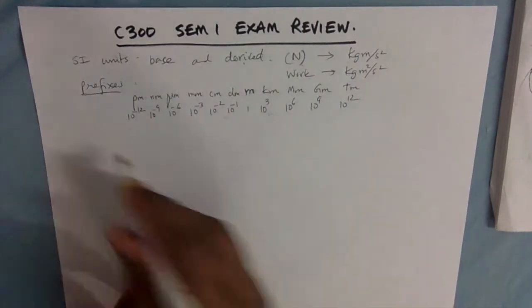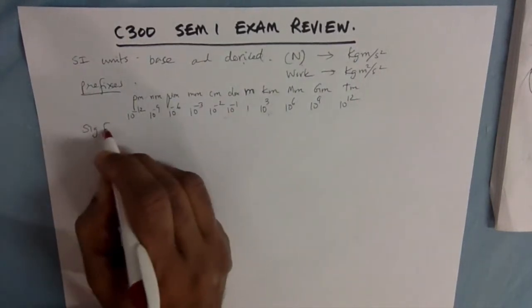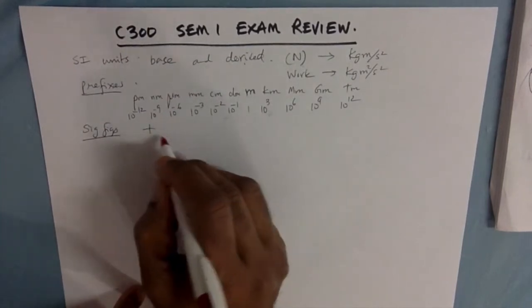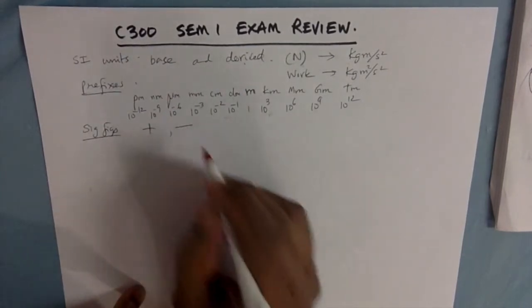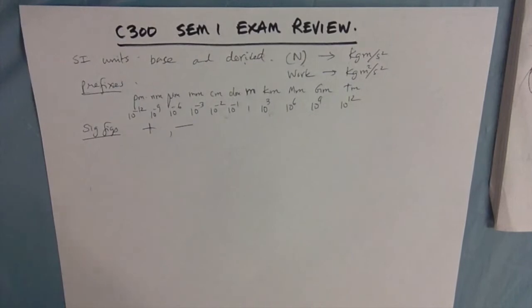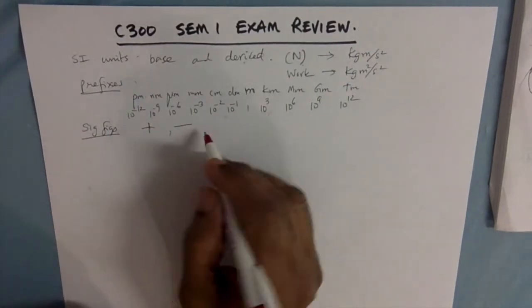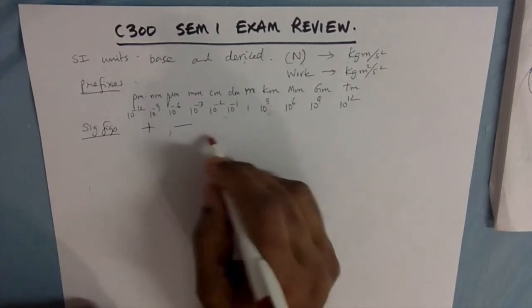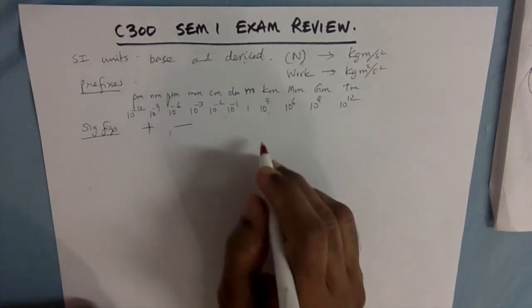And the other thing is sig figs. You must know clearly when you add and subtract what rule has to be followed. So when you add and subtract, you need to follow the rule, which is add them up and then round the answers to the least of the decimal places in the given numbers.